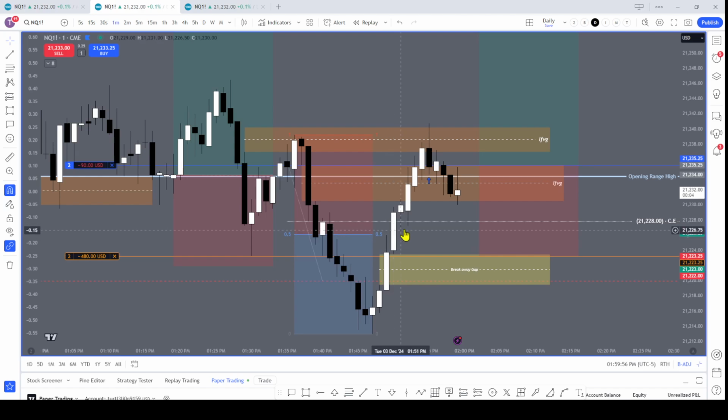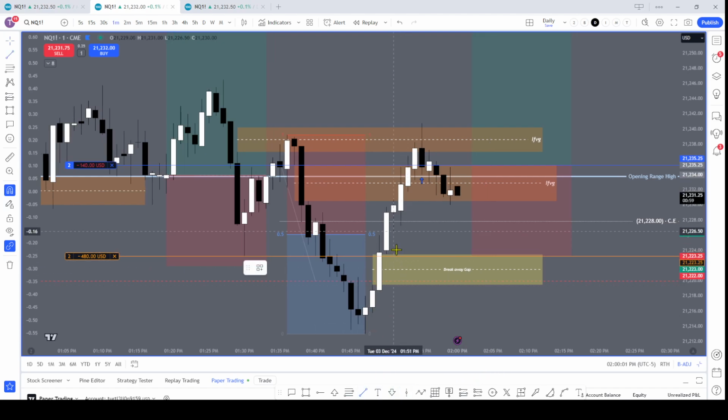Small BISI up in here. Stop loss is inside of this breakaway gap, so we don't want to see that filled. So it's good entry placement right at the top of this fair value gap. 12 handles puts us right inside of this breakaway gap.